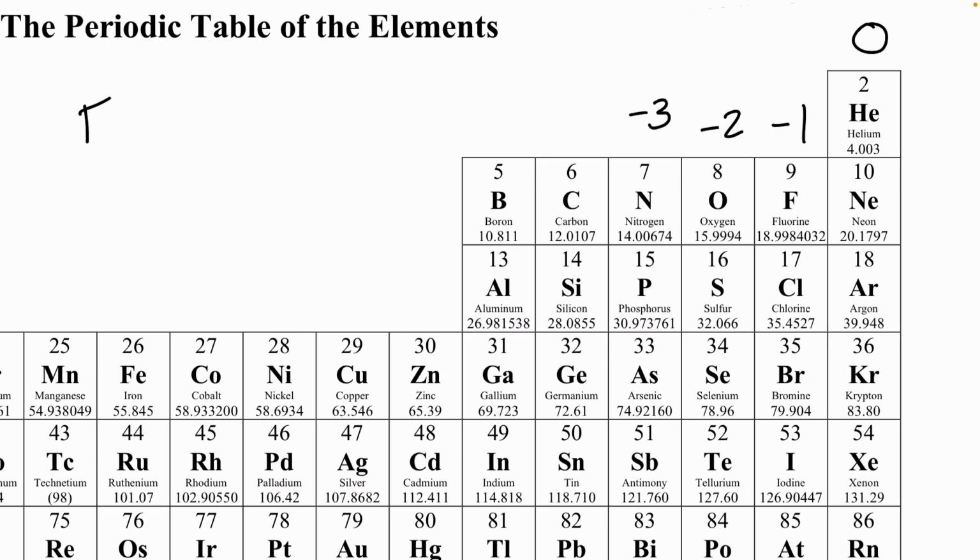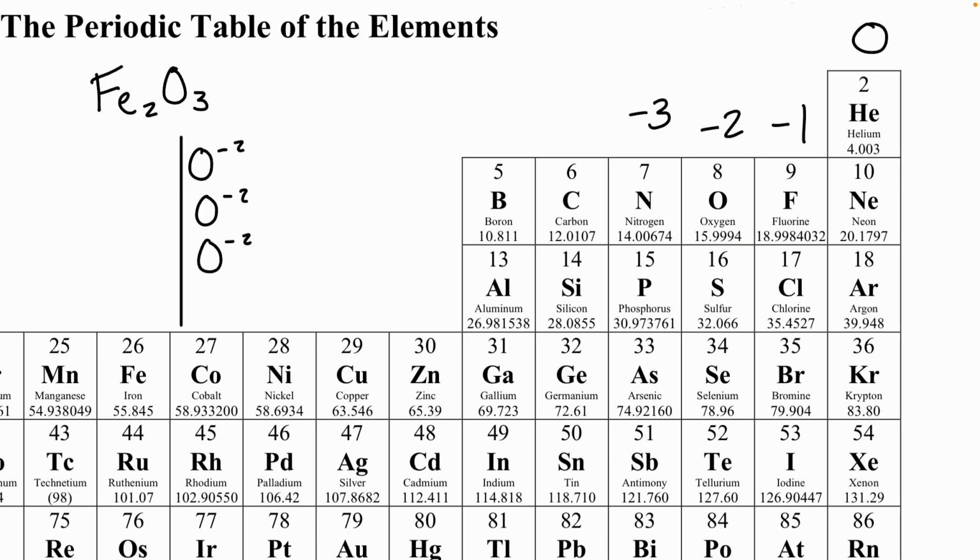So given a formula like Fe2O3, what we know is the oxide ion's charge, because based on where it lives on the periodic table, what's the charge? -2. And we got 3 of them, right? So if I sum it all up, what's the total amount of negative charge I have here? -6.